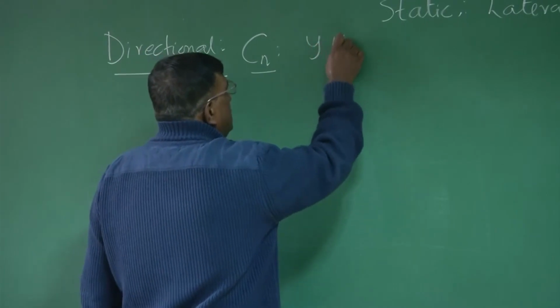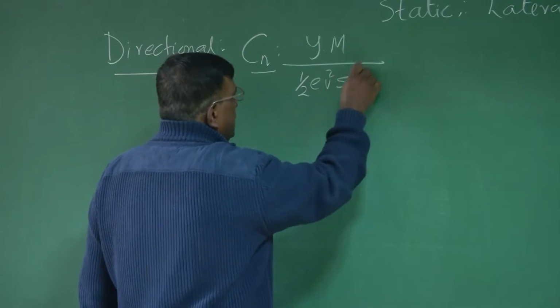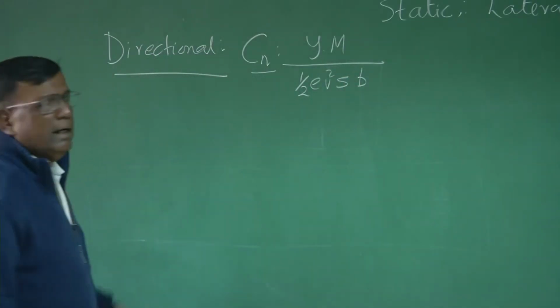This is the yawing moment, non-dimensionalized with half rho V square S into b. b is the span. These are our usual definitions.